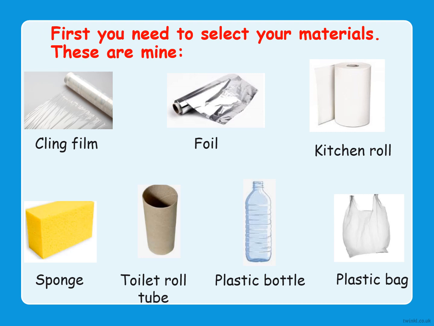I have cling film, I have foil, I have kitchen roll, I have a sponge, I have a toilet roll tube, I have a plastic bottle, and I have a plastic bag. Now it is your turn to find the materials you would like to test. So pause this video and go and find different materials around your house that you are allowed to test.